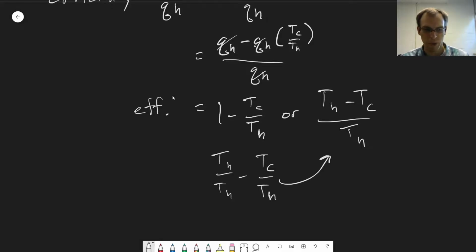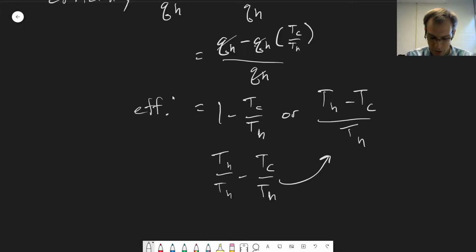Either of these is useful. One interesting thing here is that we get an expression for the efficiency of an engine that only depends on temperatures, only on that hot temperature and that cold temperature. And the other thing to see is that the bigger the difference between TC and TH, the more efficient the engine is. And the closer they are to each other, the less efficient it is.